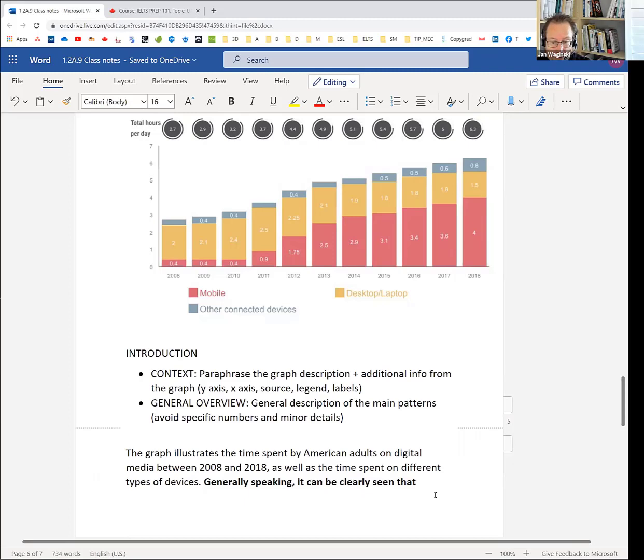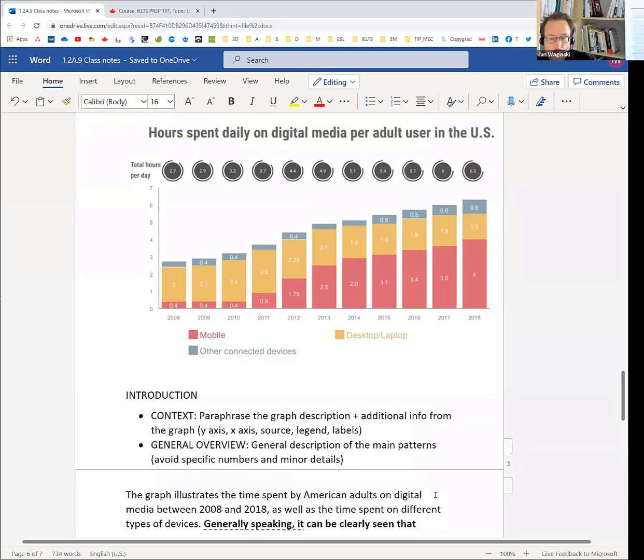Okay, so here is where we put our main patterns. So what are the two big patterns that we saw? The mobile and desktop. Well, the first big pattern is the black circles. Total number, yeah, total. Okay, so in your own words, how would you describe that?